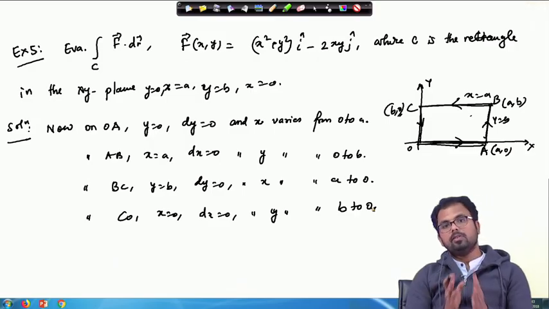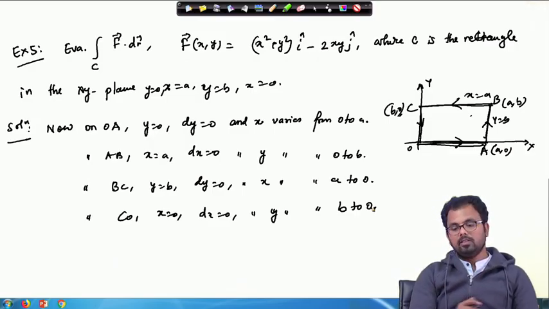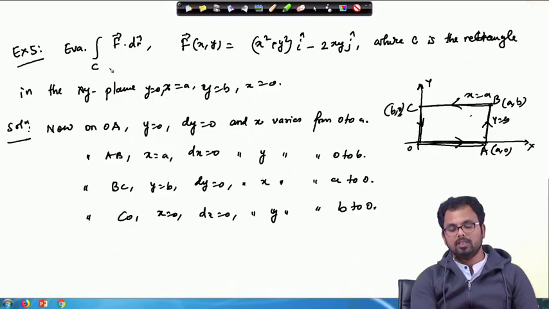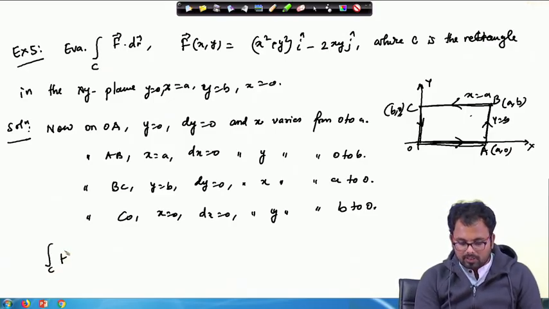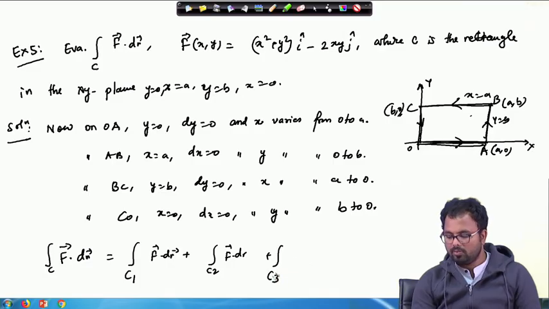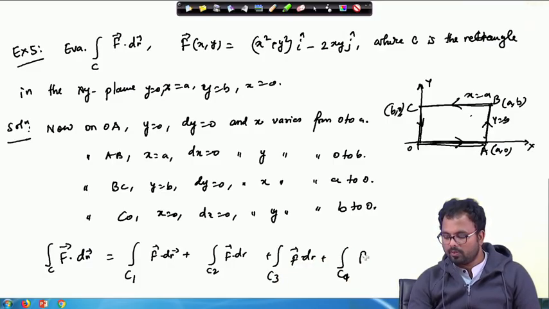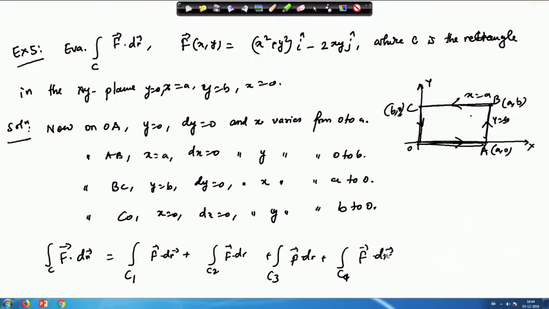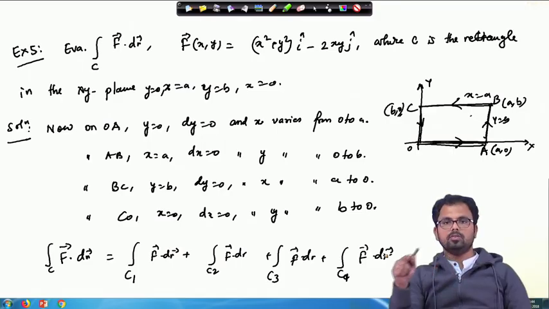Now instead of calculating the line integral of the vector function f along this curve C, the sum of the line integrals along C1, C2, C3 and C4 of f dot dr will be the same, because our curve C is the union of C1, C2, C3, C4.